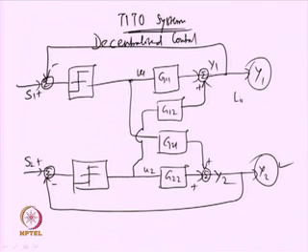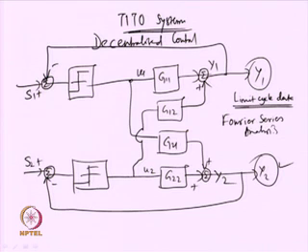Then how do people generally identify the transfer function model? They collect the limit cycle data, then do the frequency domain analysis and then use the Fourier series analysis to find out the dynamics G11(jω), G12(jω), G21(jω) and G22(jω).